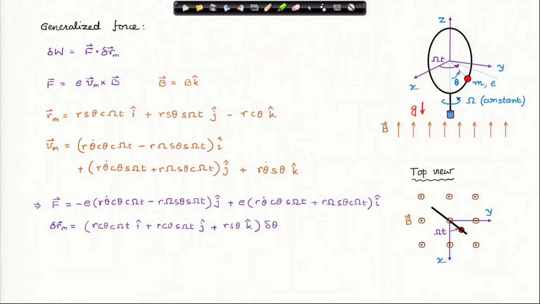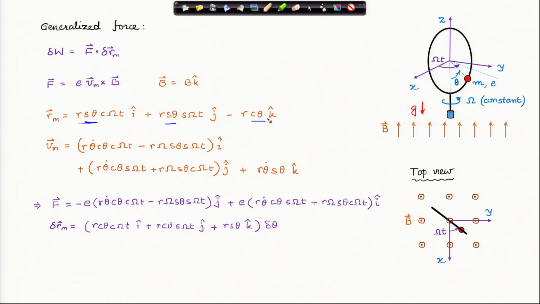Straightforward calculation. Apart from that, we also need this delta R_m, which is the variation operator operating on the physical coordinate, which should be easy. It is nothing but the total derivative operator, except that it will not differentiate the time. Here we have time in the expression of R_m. Therefore, when I take the variation, only this sin theta variation we have here, and here cosine theta variation.